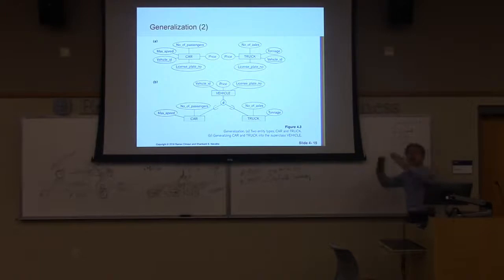Because we generalize. Generalization means the vehicle should be at least one of these, right? Also, it doesn't allow both car and truck. It's separate. So that is the reason it's a disjoint with a full participation. So you can understand the meaning of this one from the ER diagram.